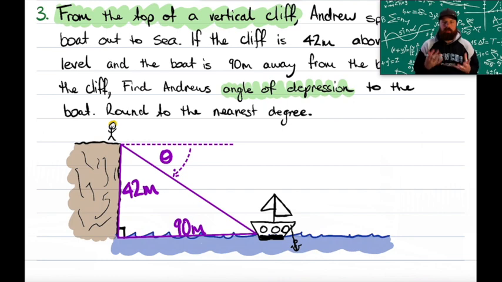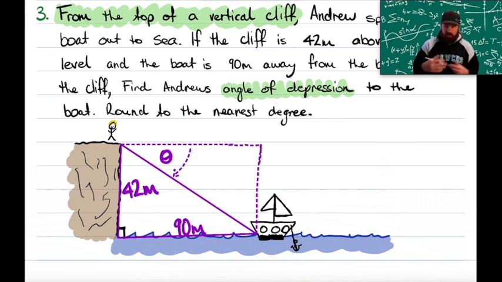Okay, that angle's not in the triangle that I've got drawn at the moment. However, remember earlier we talked about how we can make a right angle triangle, a rectangle. If I was to continue these dotted lines along, I can do this and make a rectangle.